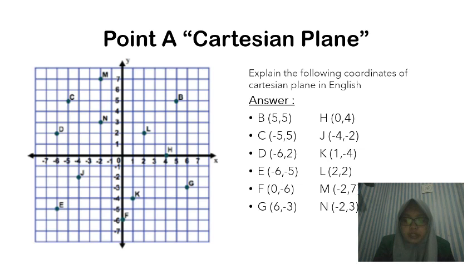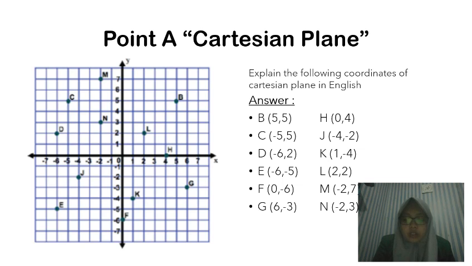And the coordinates of point K are 1 to the right of the origin, and go down 4. The coordinates of point L are 2 to the right, and 2 units above the origin.